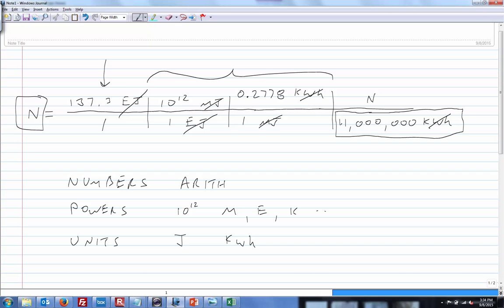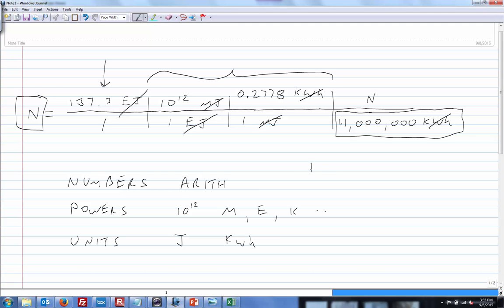So page 528, we've got conversions from all the different powers of 10. We can see that an exajoule is 10 to the 18th, and we can see that a megajoule is 10 to the 6th. So we can do that. A megajoule is 10 to the 6th. Yeah, so I'll write that out like so.